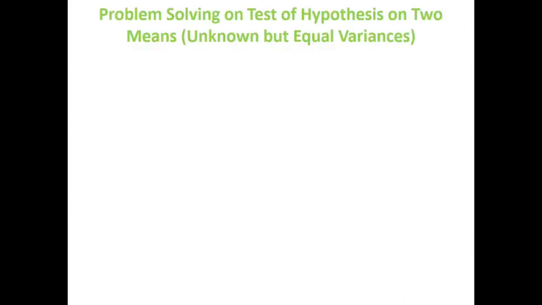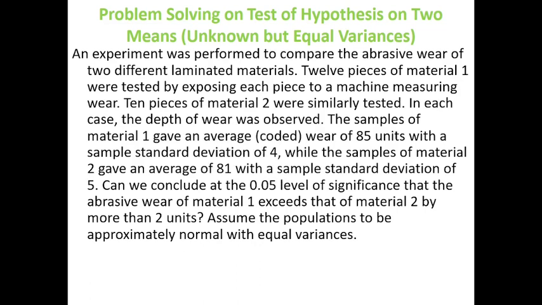So we now continue. We have here problem solving on test of hypothesis on two means, unknown but equal variances. An experiment was performed to compare the abrasive wear of two different laminated materials. 12 pieces of material 1 were tested by exposing each piece to a machine measuring wear. 10 pieces of material 2 were similarly tested.